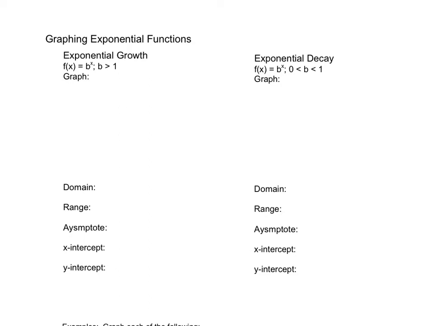We've already looked a little bit at graphing exponential functions in the aspect that we've looked at the general shape, and we saw that there was exponential growth and exponential decay. Exponential growth looked something like this, where we start down low and our function increases fairly rapidly.